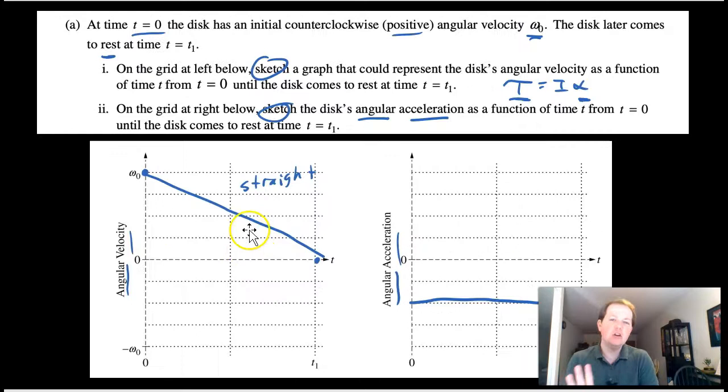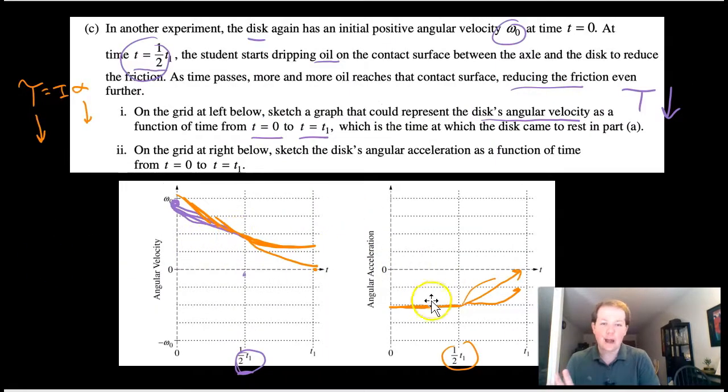And of course, I know you're not going to be making a graph for this AP problem, but maybe instead you were given these graphs, and the question is, do these graphs match the scenario? Yes or no? You would write down yes, because in the first half, it has a constant deceleration, so the slope would be constant. I know that you're not making a graph on this year's test, but hopefully this is good practice on thinking about what the graphs should look like, because you might have to be analyzing them.